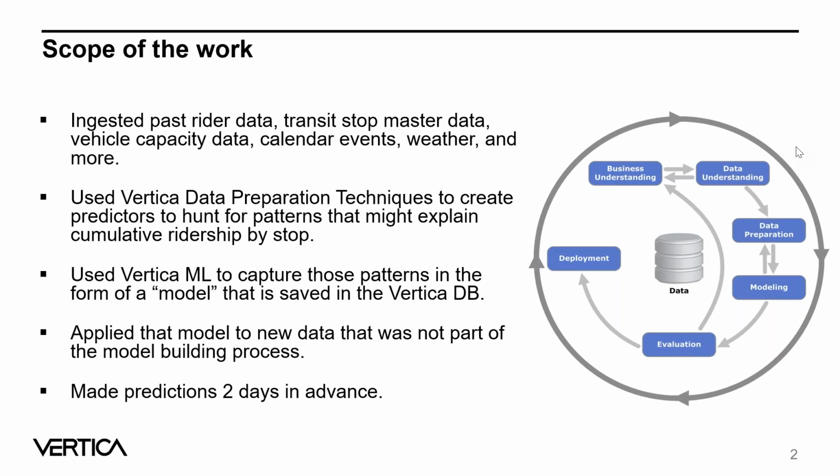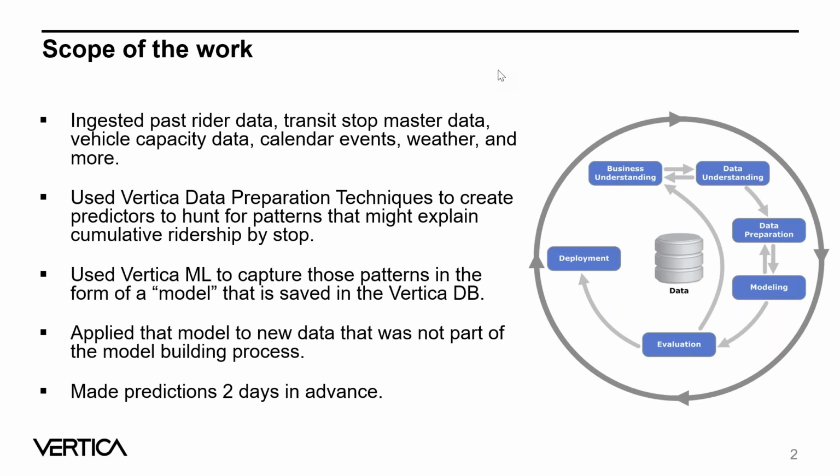Please look at the right side of the picture. This is the PDC cycle, and some processes are recursive. We have to go back and forth to find the best model and the best procedure to improve the accuracy and find the insight. This is a very basic one.